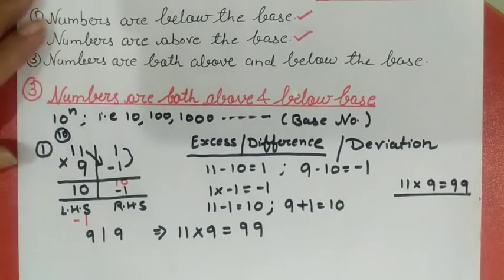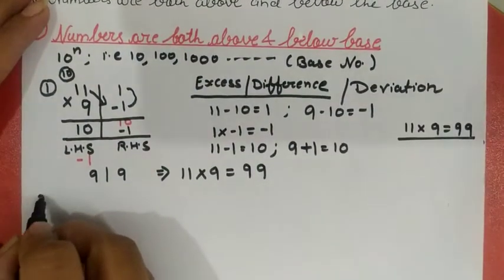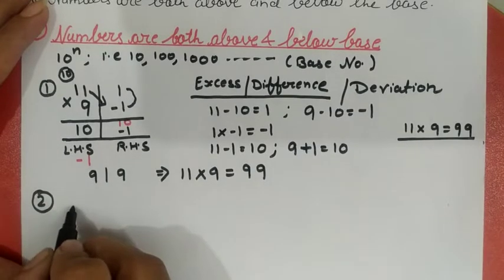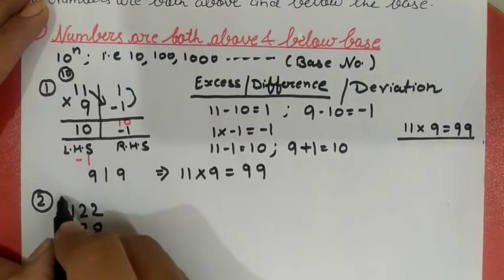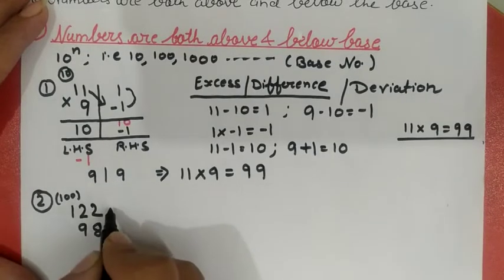Okay. Don't panic if you don't understand the concept. I am taking another question for you. We want to multiply 122 by 98. Now what is the base over here? The base is 100, as both the numbers are near to base 100.